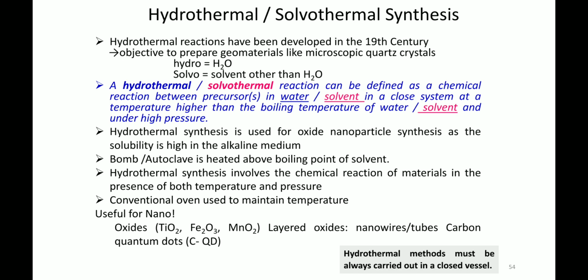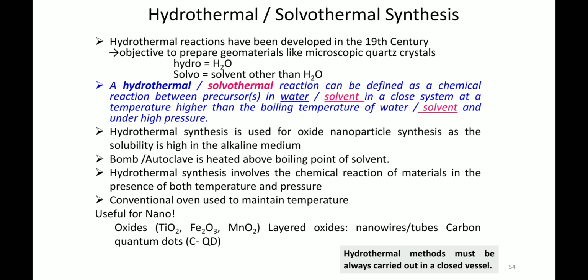These are the most stable materials in the alkaline medium, and therefore most of the time metal oxides like zinc oxide, titanium oxide, and tin oxide can be synthesized using the hydrothermal synthesis technique.